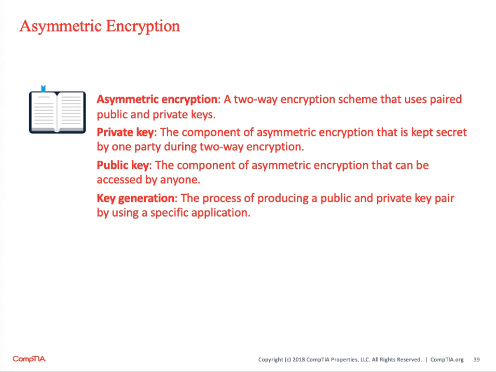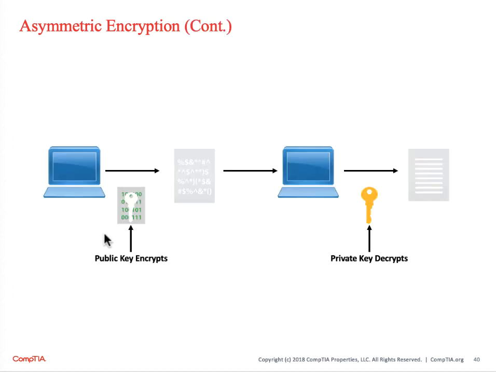If you want to send me a message, you take my public key and you're going to take your message. You're going to encrypt your message with my public key, and you're going to send it to me. And then when I get that message, I take my private key to unlock it. So a public key is going to lock up the message that you want to send to me, and then I'm the only one who can decrypt it with my private key.